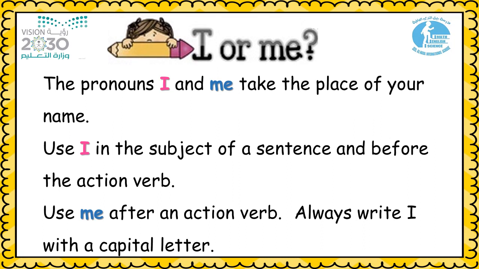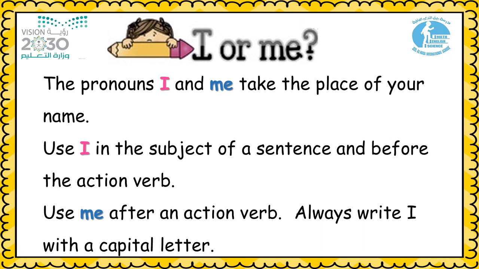But we use the pronoun me after the action verb. Okay? After the action verb, we use the pronoun me. I don't use the pronoun I after the action verb. After the action verb, I use the pronoun me.